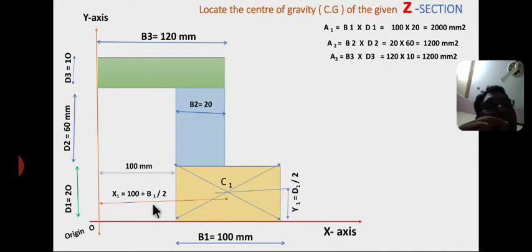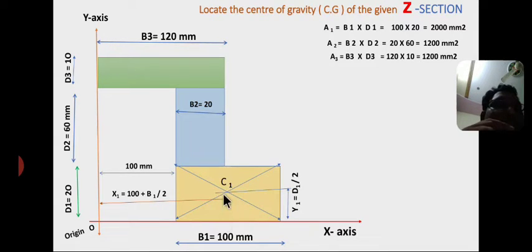Here the value of x1 is equal to 100 plus b1 by 2. So x1, the distance from the y-axis to C1, is equal to the gap 100 mm plus the base of the rectangle b1 by 2.